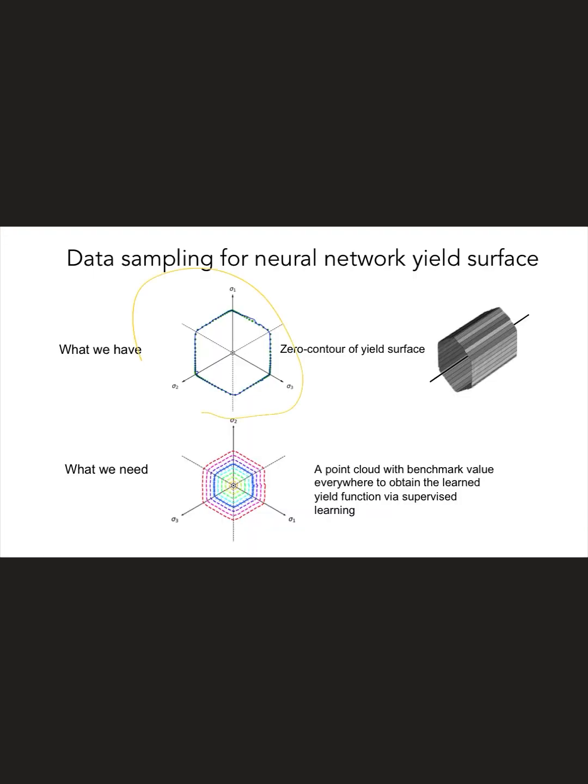What you actually have is this, plus the orientations only at f equal to 0. What you need is the data that are everywhere. You need a point cloud that populates everywhere in order to constitute the learning function and control it. So the thing is that you're already given this point cloud. How do I get the rest of the point cloud that is actually meaningful? Okay, does that make sense?